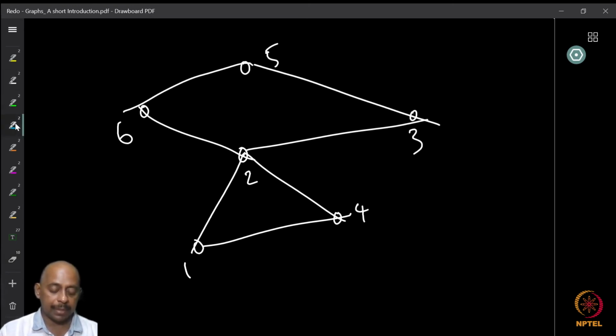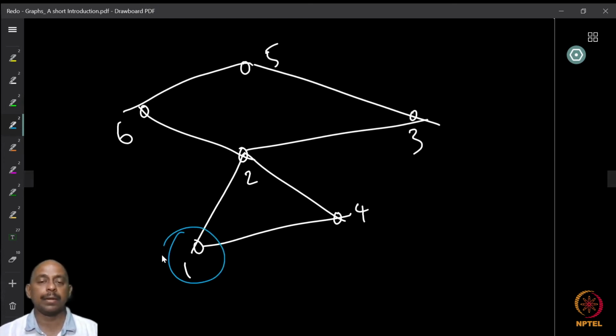So I pick, let's say, 1. Now, once I pick 1, since I want the subset to be independent, I will not be able to pick, let's say, 2 or 4, because 2 is adjacent to 1, 4 is also adjacent to 1. So if 1 is already there, I cannot pick 2 or 4 if I want the subset to be independent. But then I have the choice of either 6, 3 or 5, right? One of these 3 I can. Suppose I choose 3.